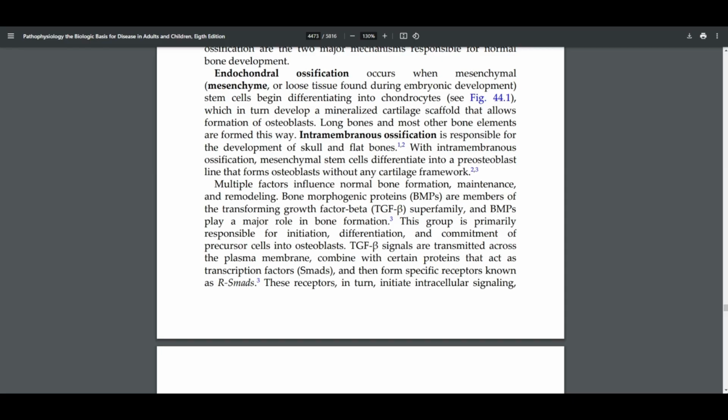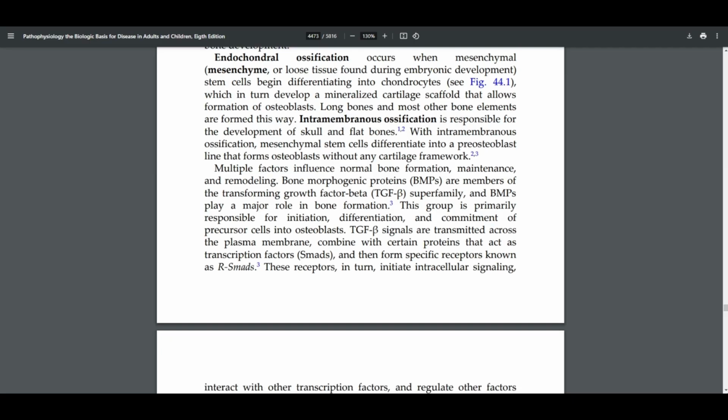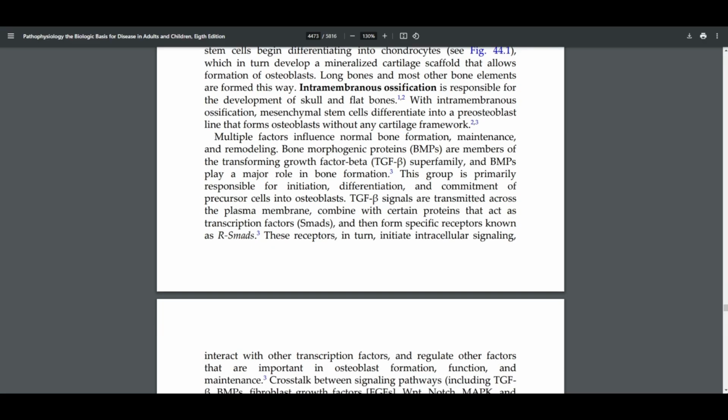Long bones and most other bone elements are formed this way. Intramembranous ossification is responsible for the development of skull and flat bones. With intramembranous ossification, mesenchymal stem cells differentiate into the pre-osteoblast line that forms osteoblasts without any cartilage framework.